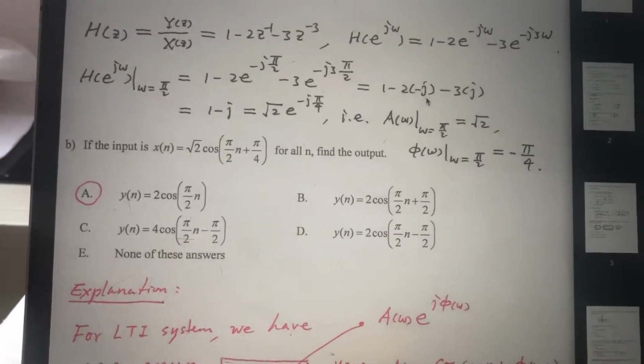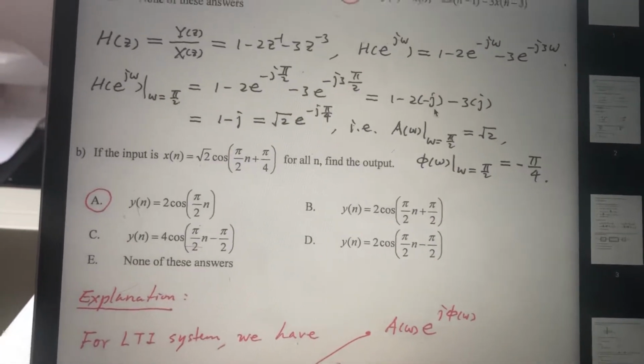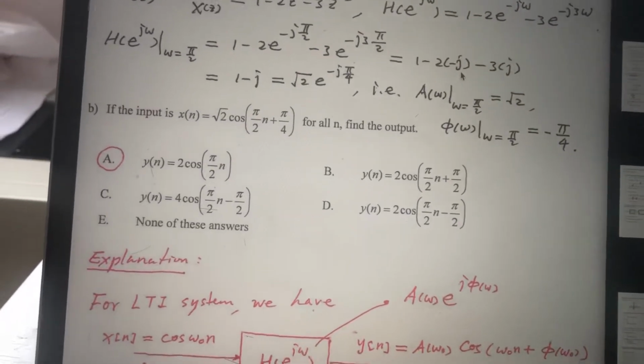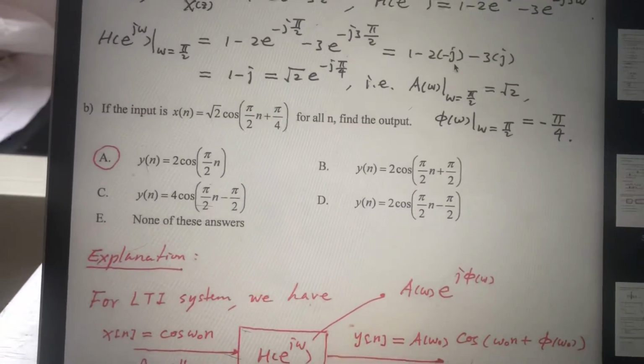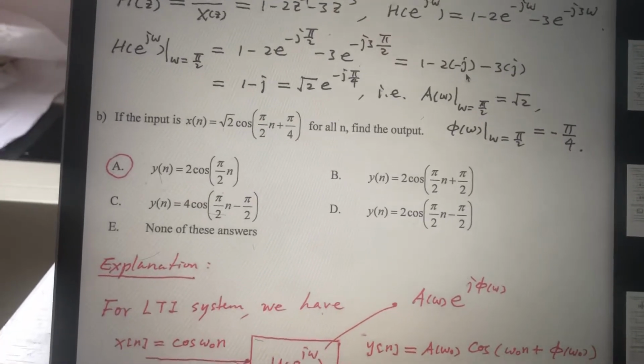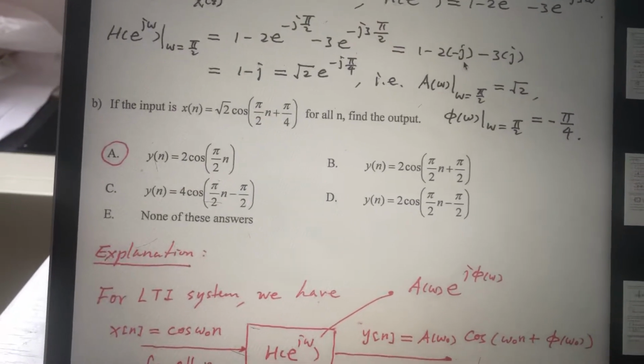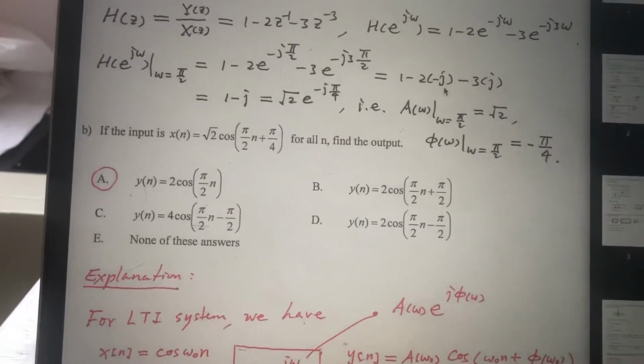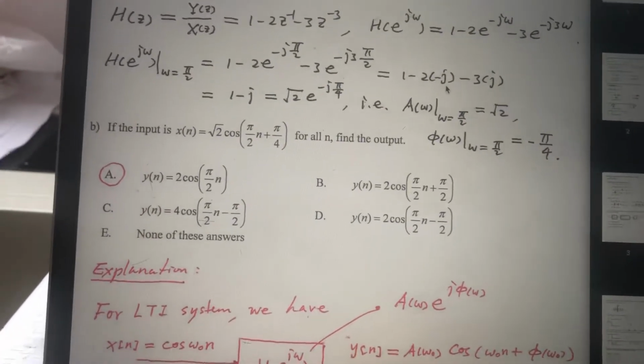Then we replace z by e^(jω). So we have H(e^(jω)) equals 1 minus 2 times e^(-jω) minus 3 times e^(-j3ω).